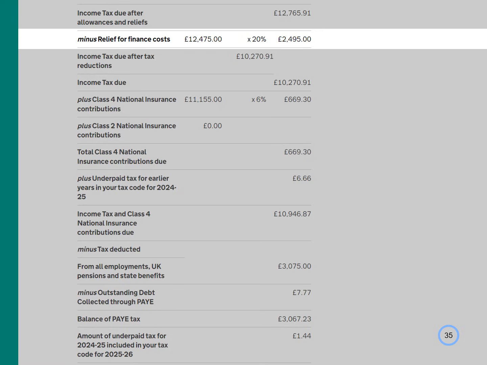The tax relief for residential property finance costs cannot result in a refund of income tax, and so the full amount entered may not always be used. In this example, the full amount of residential finance costs entered, £12,475, could be used for the tax reduction.